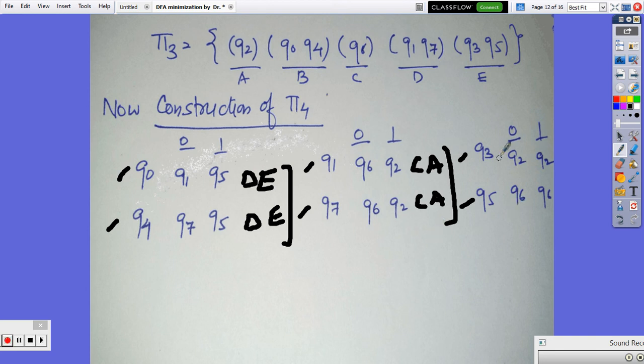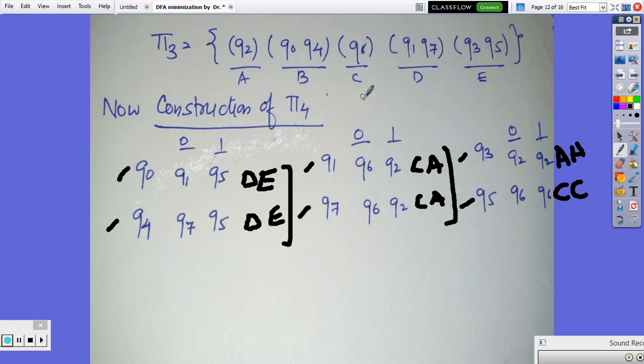Likewise we can also find for this. So Q2 means A, A, and Q6 means C.